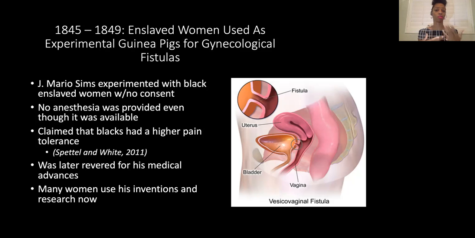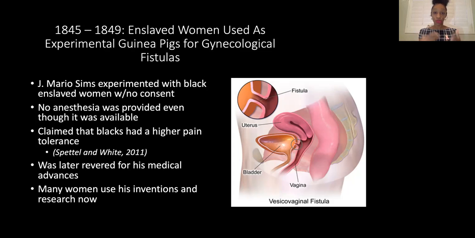And so it's extremely unhygienic, but it can also cause a litany of infections and even death, including by herniations. So this was something that this doctor was experimentally fixing with no anesthesia for these women. So to fix a hole, there's probably going to be some sutures and things of that nature, and no anesthesia was provided. So this is the treatment.